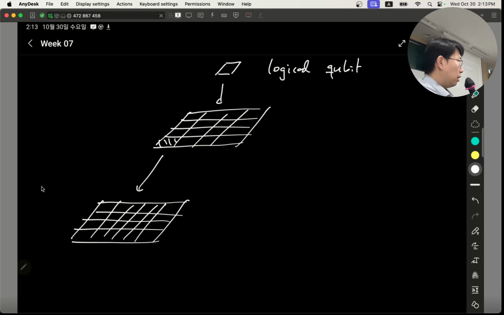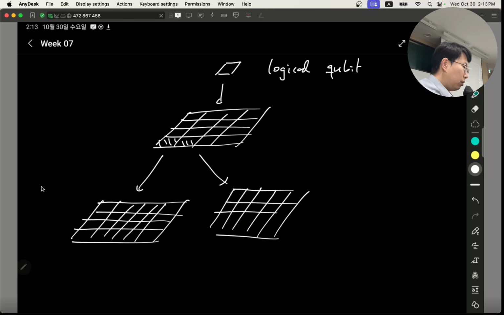But if you combine all of these logical qubits, then it's the square of the size of one logical qubit in principle. So you have layers of logical qubits, so that you achieve a higher accuracy rate than just having one layer.